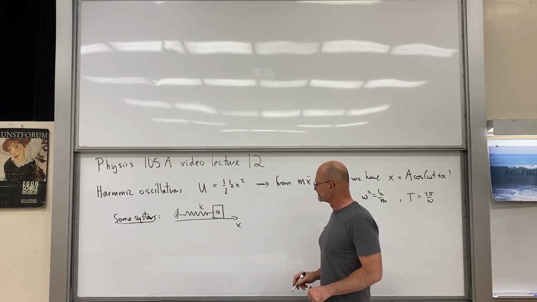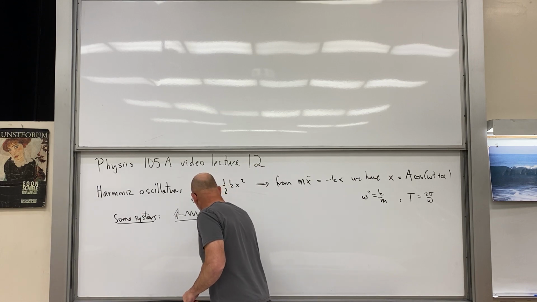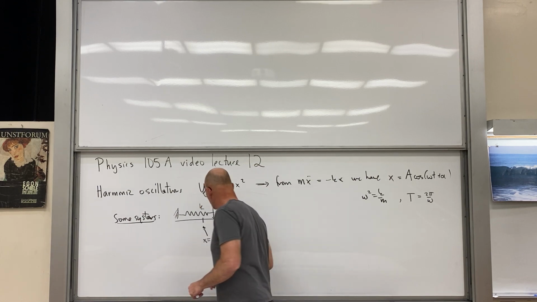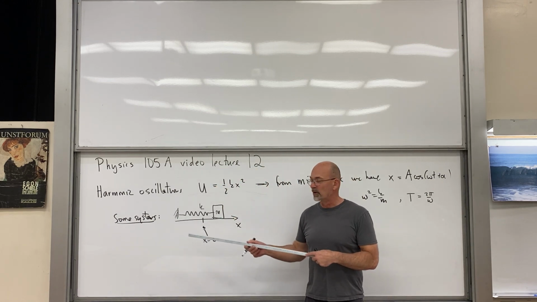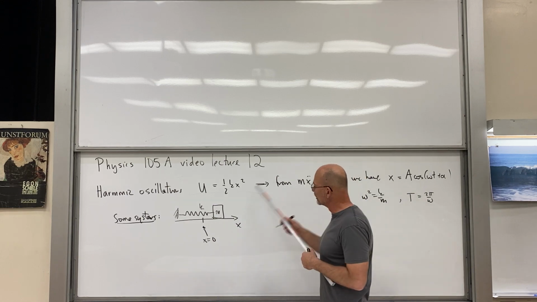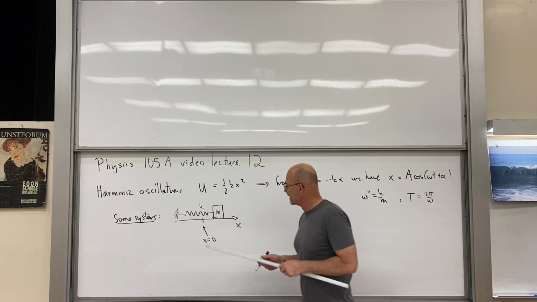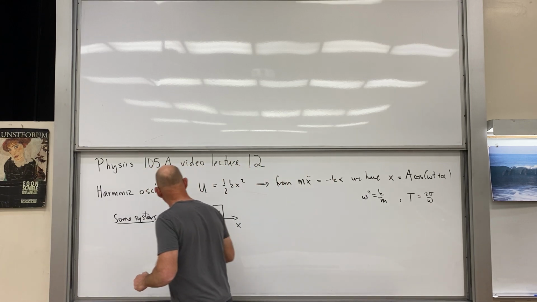We could have an x equals 0 here, and then the thing oscillates back and forth. Okay, no friction, oscillates forever, and there, of course, is the law of what's going on. So we want to just name this number 1.